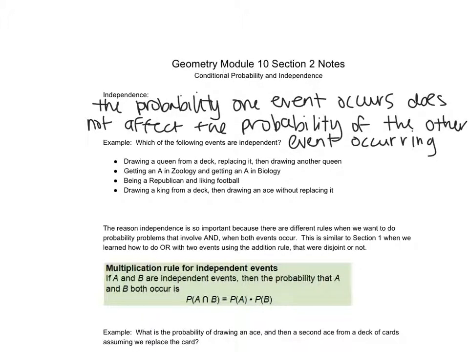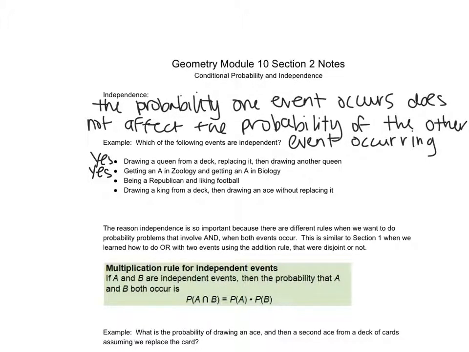So we want to take a look at a couple examples and determine which of them are independent. When I draw a queen from a deck, replace it, then draw another queen, that is independent. So that one would be yes. Getting an A in zoology and getting an A in biology: getting an A in zoology does not impact getting an A in biology, so those are also independent.